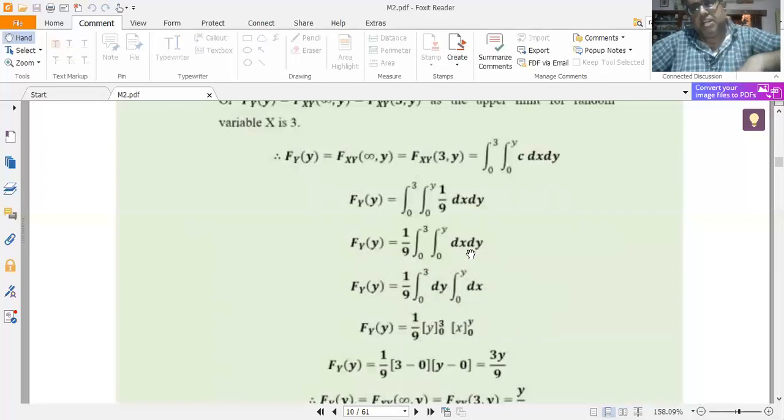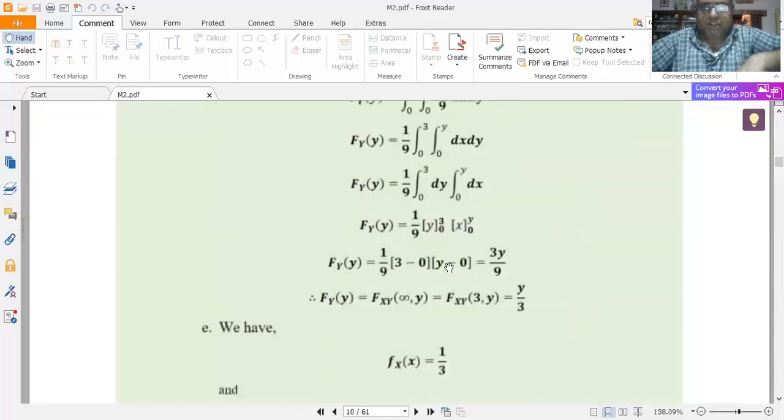I am splitting this double integral into product of two one-dimensional integrals, that's all. So this becomes 1 by 9 into y limit 0 to 3 into x limit 0 to y, because integral dy is y, integral dx is equal to x. Now this becomes 1 by 9 into 3 minus 0 into y minus 0, which is equal to 3y by 9, or cancelling 3 and 9, I get capital Fy of y is equal to y by 3, which is the marginal CDF for random variable capital Y.